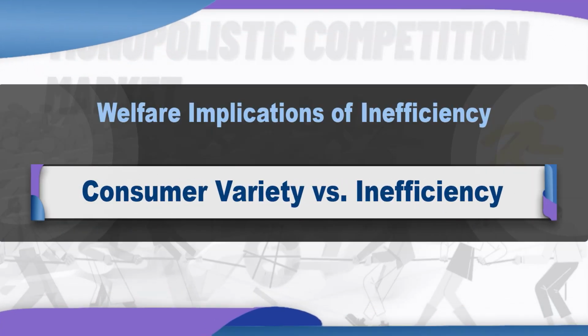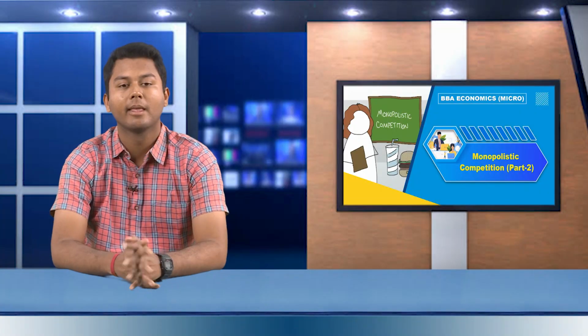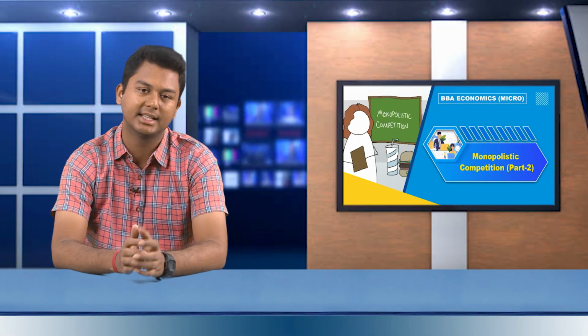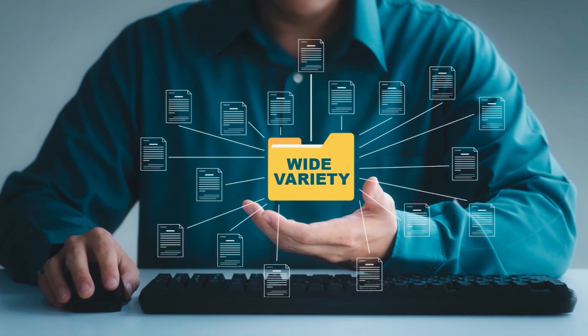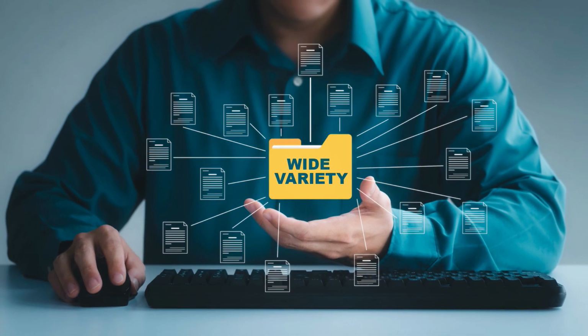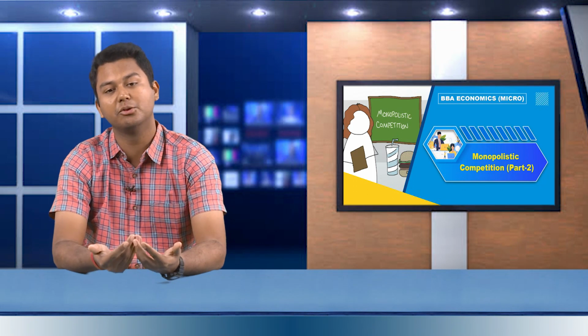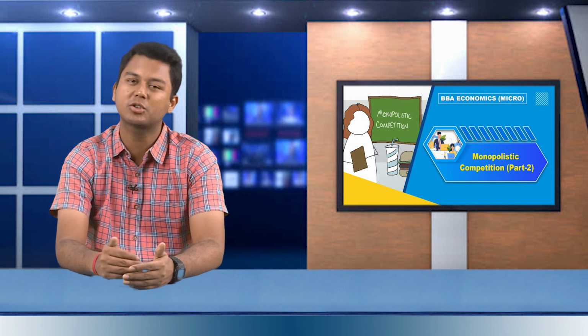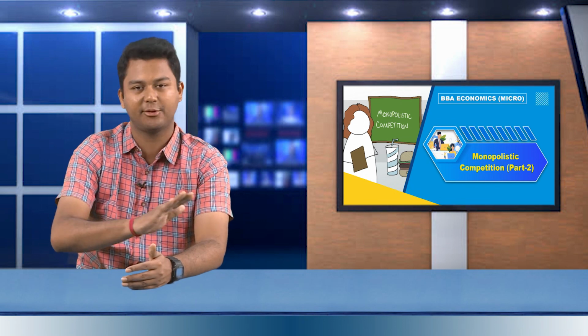Looking at consumer variety and inefficiency, while there is inefficiency, one benefit of monopolistic competition is that a wide variety of products are available to the consumers. Consumers may value this differentiation and variety in products, which could compensate for the inefficiencies in price and production.